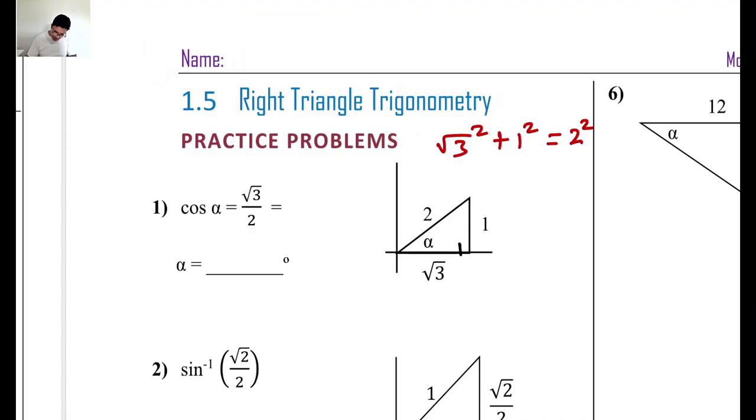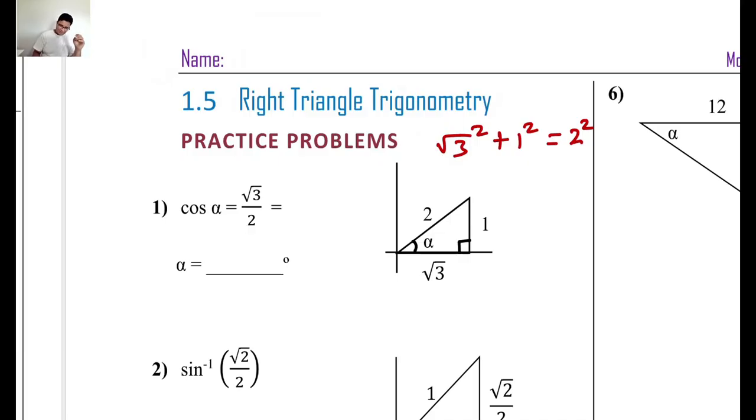I might have removed the angle from here because it was very complicated to edit that in Microsoft Word. Okay, that's the right angle there. And the angle alpha is over here. Okay, now for this angle alpha, cos alpha equals root 3 over 2, adjacent over hypotenuse. Then you remember that root 3 over 2 from the trig butterfly I was talking about in the previous lesson.